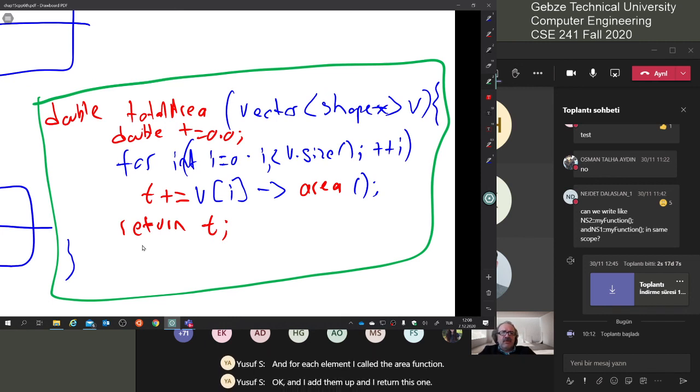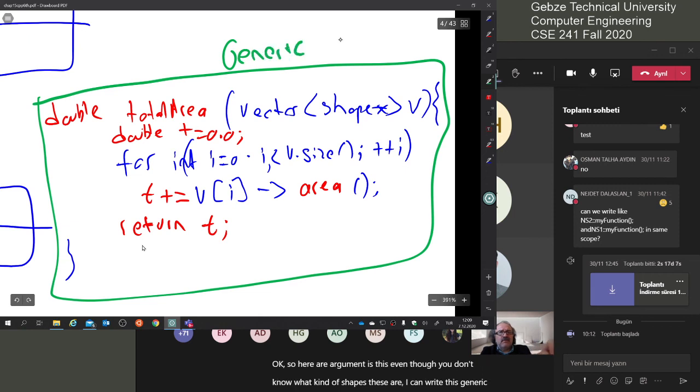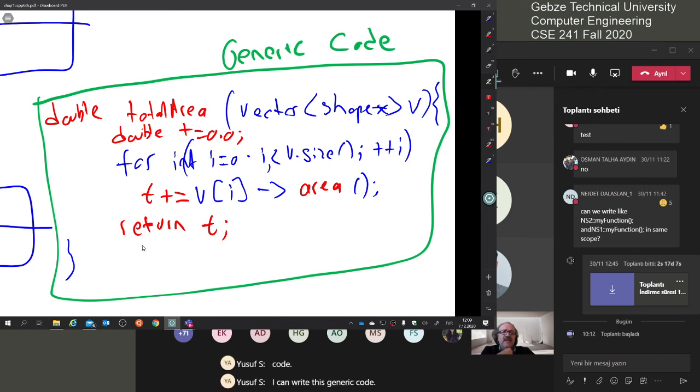Here our argument is this: even though you don't know what kind of shapes these are, I can write this generic code, and this code will be useful for any type of shape.